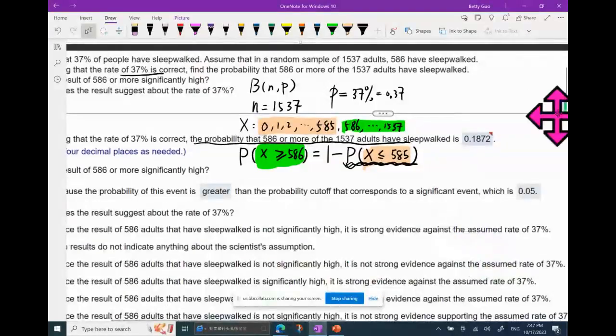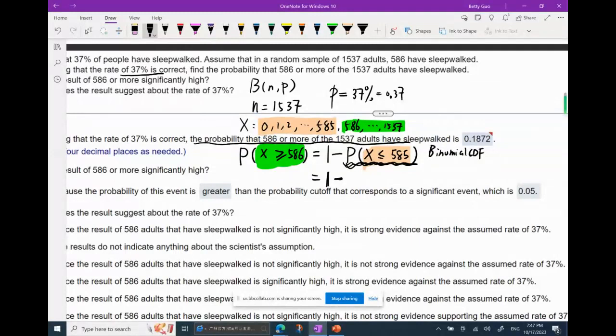Okay, so let's go to a calculator and figure out the probability that X is less than or equal to 585. For this part we are going to use a binomial CDF.